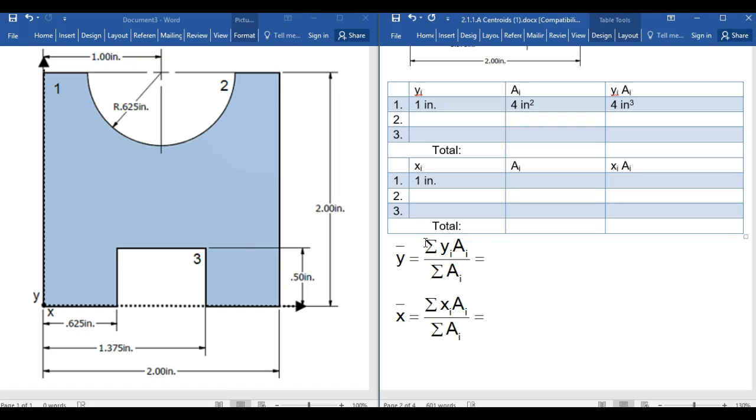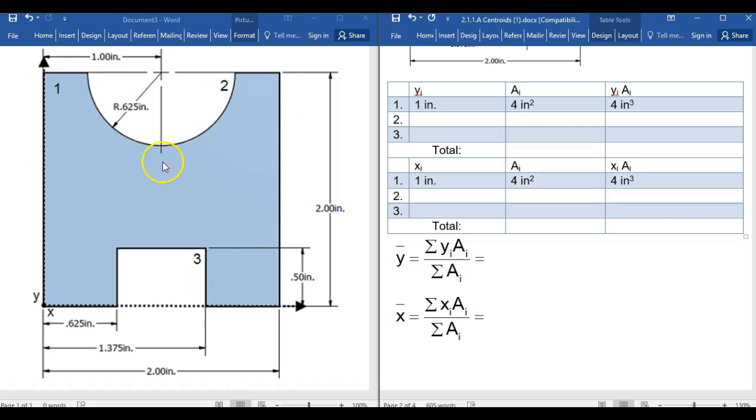The area we've already established is 4 square inches. When we multiply 1 inch times 4 square inches, we end up with 4 cubic inches.